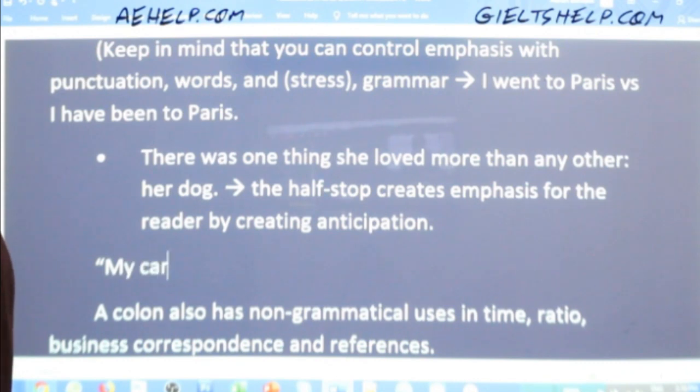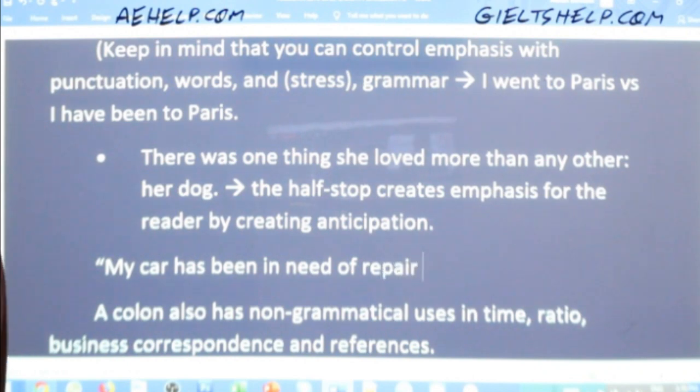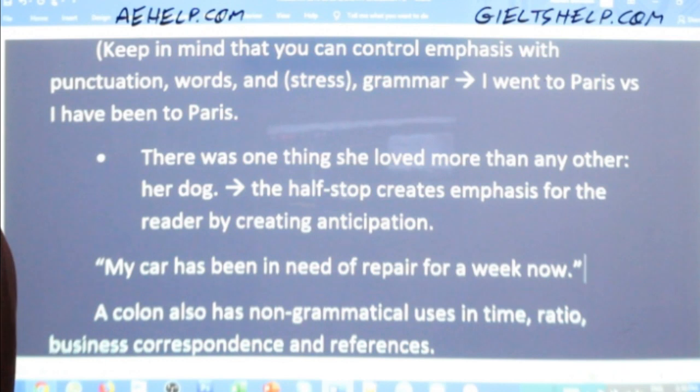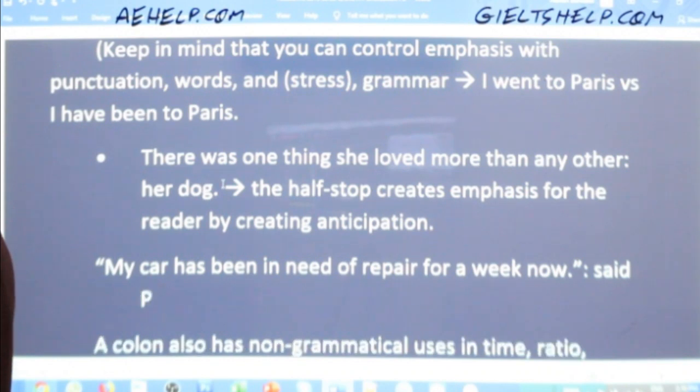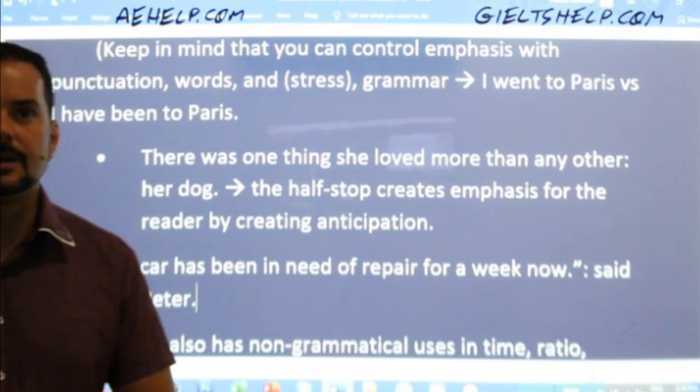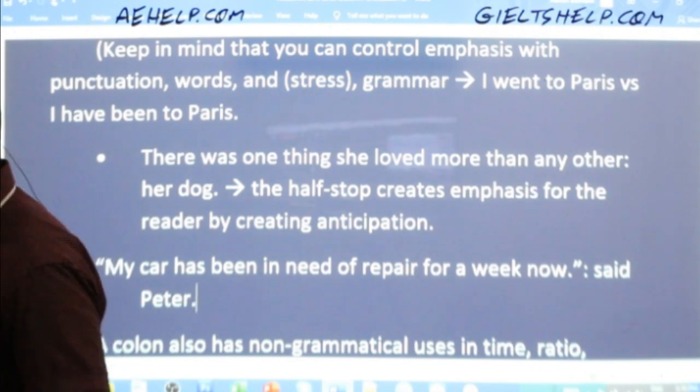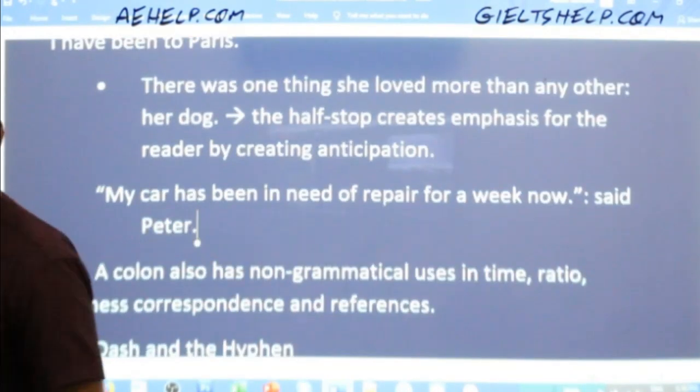So my car has been in need of repair for a week now, said Peter. Okay, that would be the better way to write that.